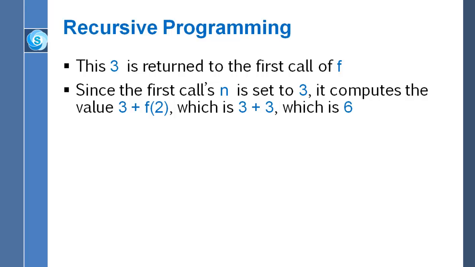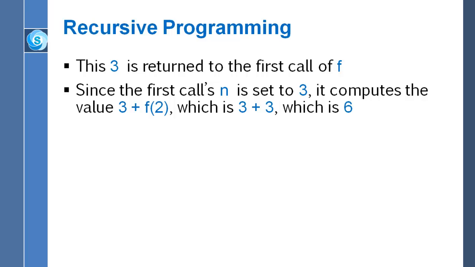And, of course, back there in the world according to the first call, there's an n whose value is 3. And that gets added to the value that was just returned by the second call. So that results in 3 plus 3, which is 6.